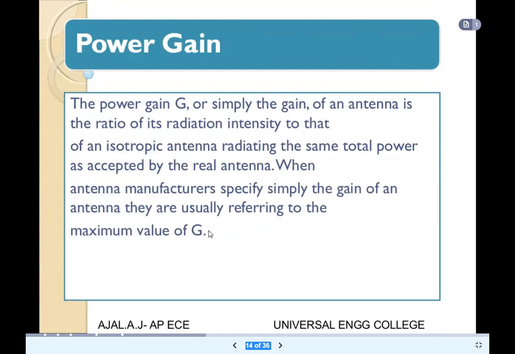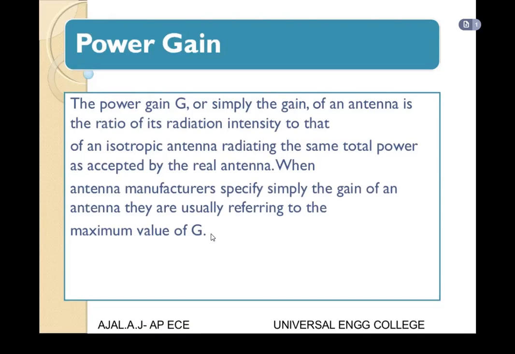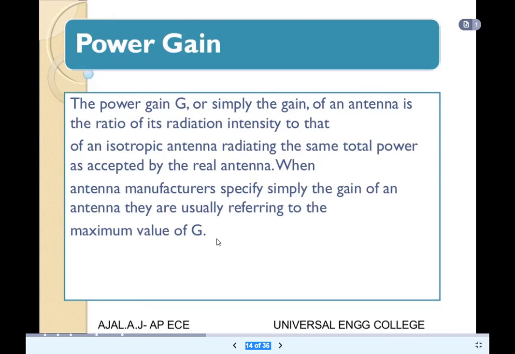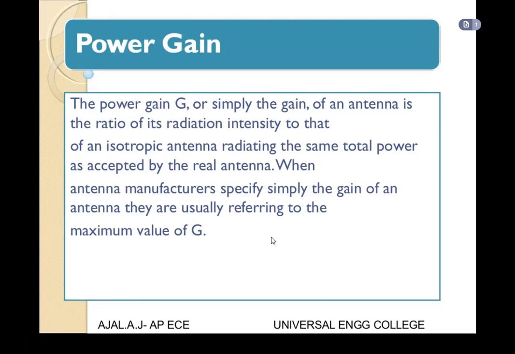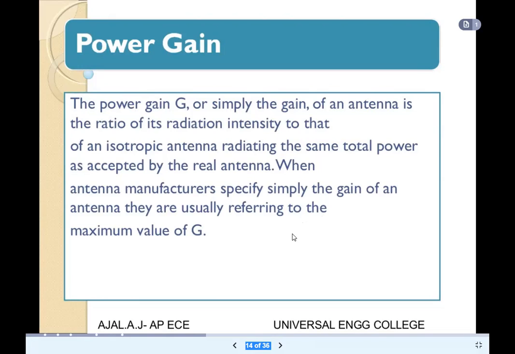The next important parameter is power gain. The gain of the antenna is denoted by the letter G, and it is the ratio of the radiation intensity U of the antenna to that of an isotropic antenna with the same total power. Usually the gain of the antenna should be maximum.